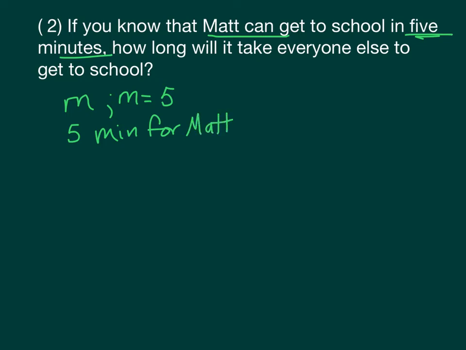The next person, moving right along, is Sophie. So 2M was the expression for Sophie. I put a semicolon to separate what M is equivalent to in this particular problem. I substitute in 2 times 5. Funnel down, 2 times 5 is 10 minutes for Sophie.